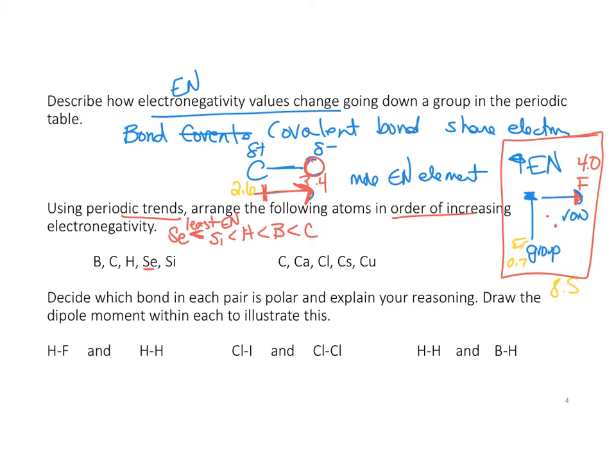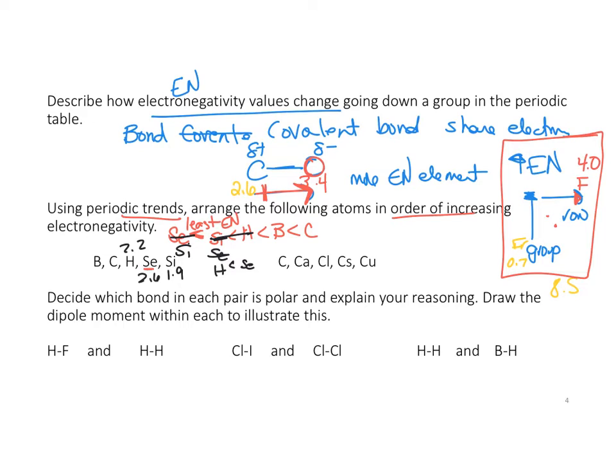Now I can look at these numbers and see if I'm right. The number for silicon is 1.9, and selenium is 2.6. So I did have those wrong; this should be Si, then Se. Hydrogen is 2.2, so let's put hydrogen here and then selenium.